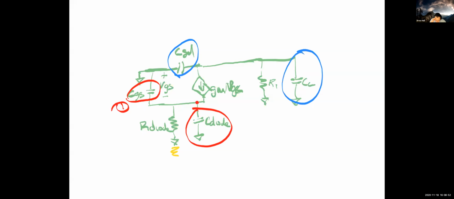And so we would write out our system of equations as 1 over R diode, Vs, that's the current that's leaving here, plus negative GM VGS, that's the current that's coming down here. And we're going to set this equal to 0.